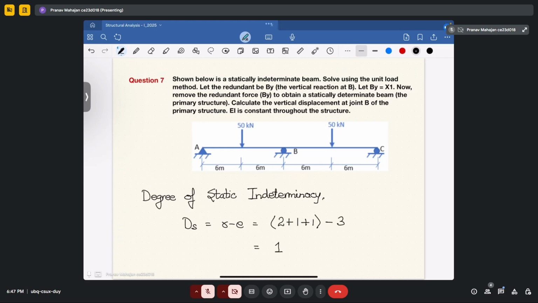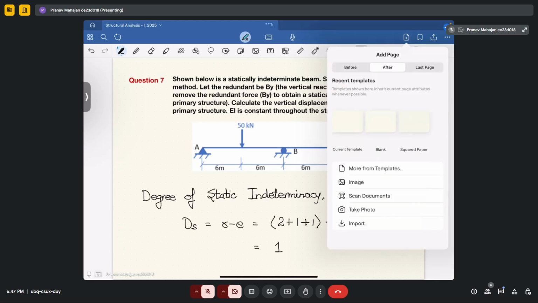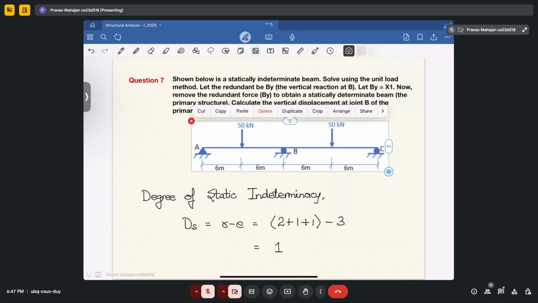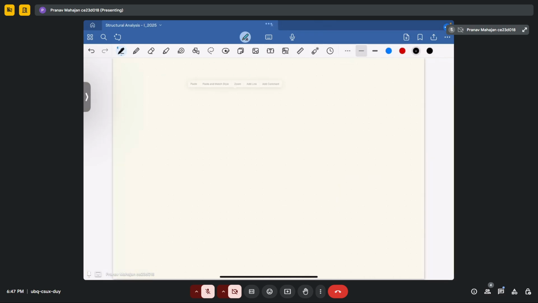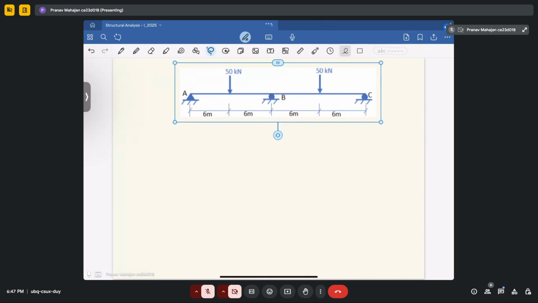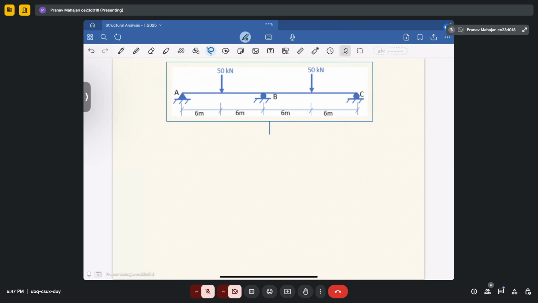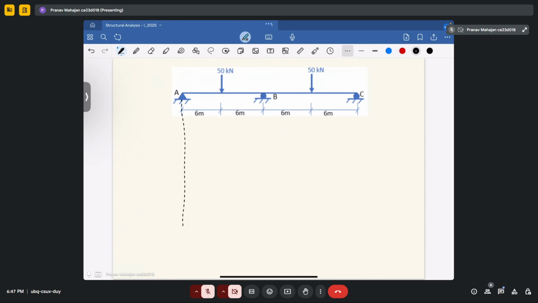That will give you the value of ds to be equal to 1. Okay. Now what you have to do, you have to take this structure and remove the redundant force as mentioned in the question to be taken as the central support reaction By, and then draw the primary structure, and further we will solve them using moment area method.